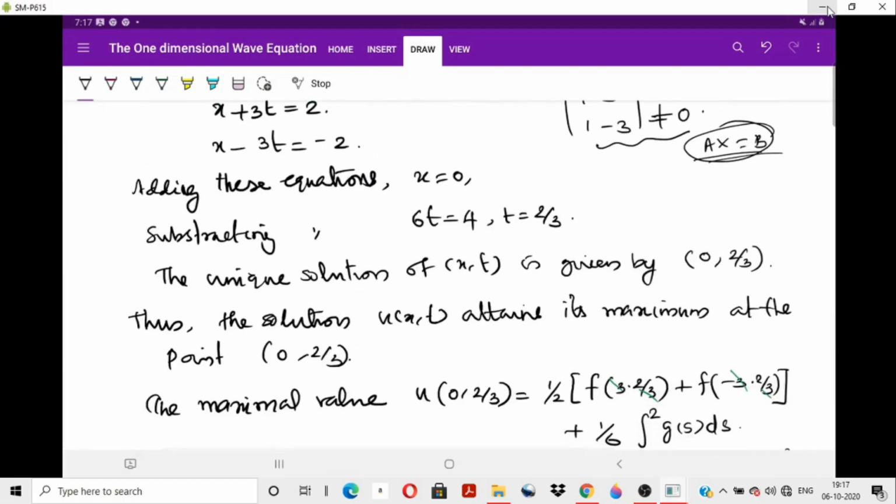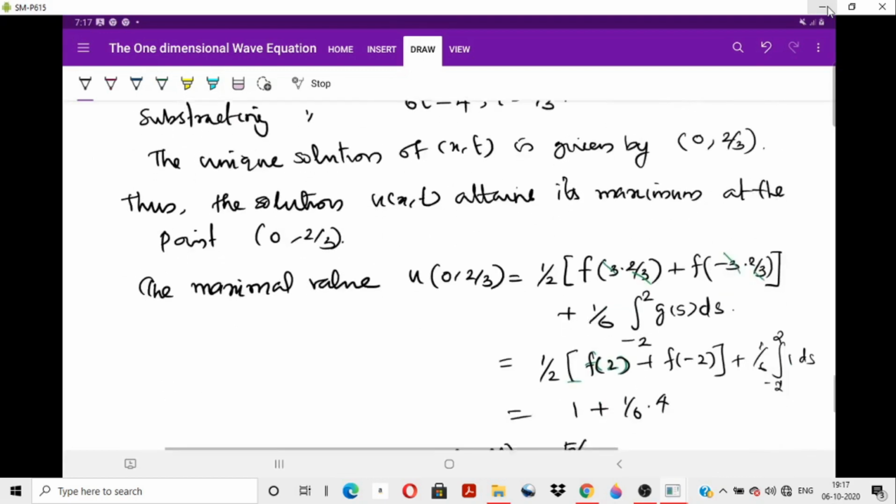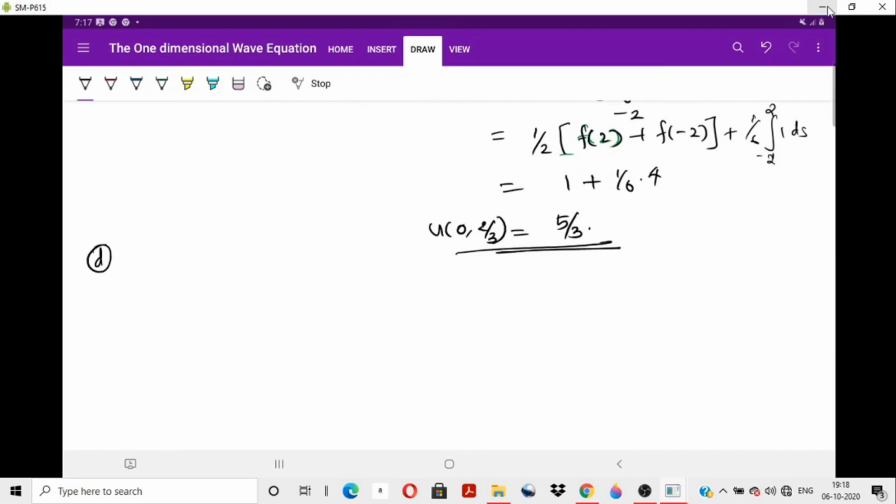We know that the singularities of the solution are along the characteristic curves, and the characteristic curves of the given Cauchy problem are x plus or minus 3t equal to constant, which intersect the singularities of the initial conditions on the line t equal to 0, as we already discussed in the first problem.